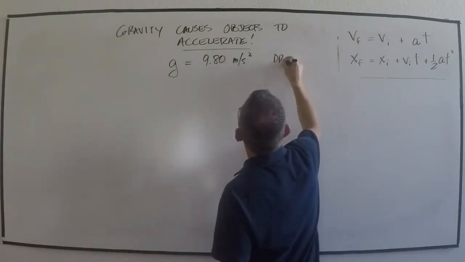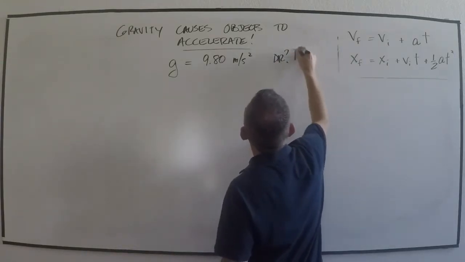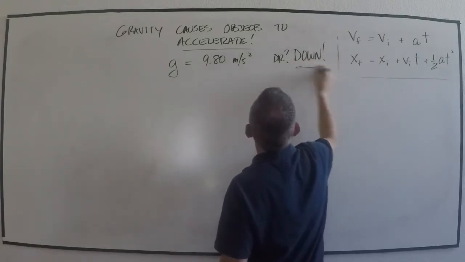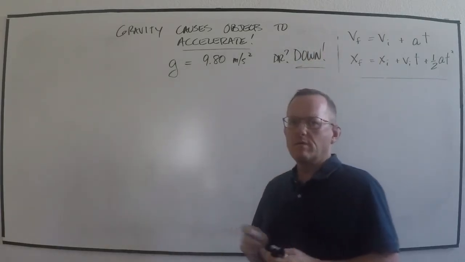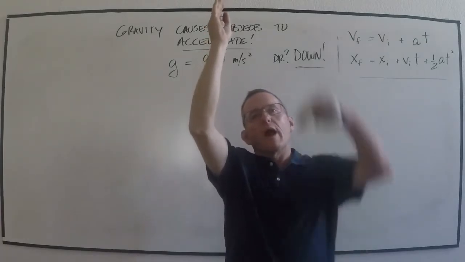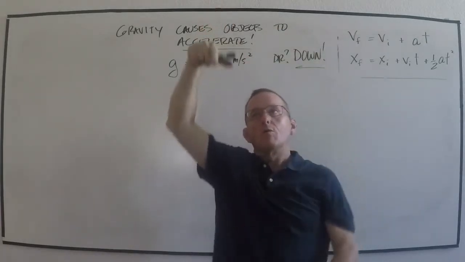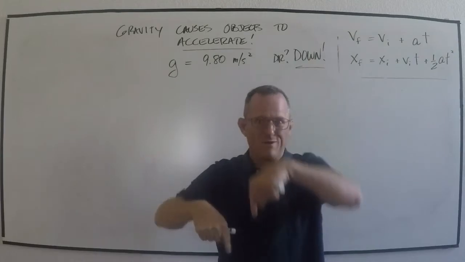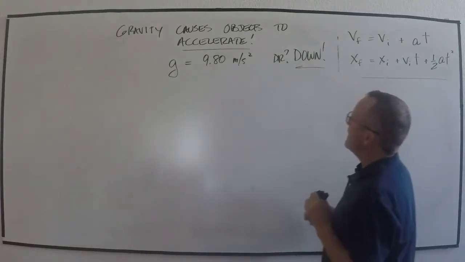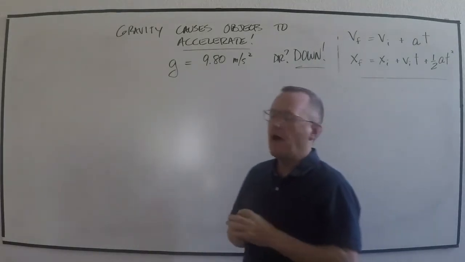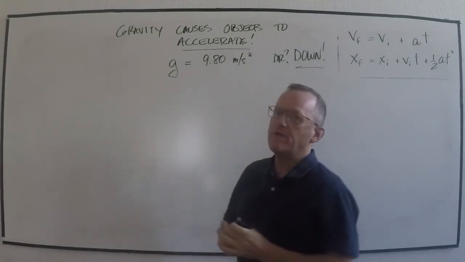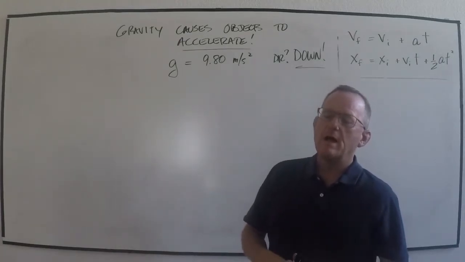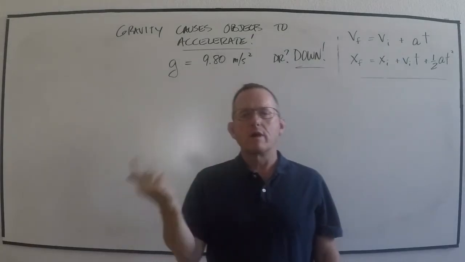And what about the direction of that acceleration? Pretty simple. Gravity pulls things down. So when you are moving upward, gravity opposes your motion. When you're moving downward, gravity encourages your motion. But the direction of the acceleration that gravity causes is down. That is not inherently positive or negative.